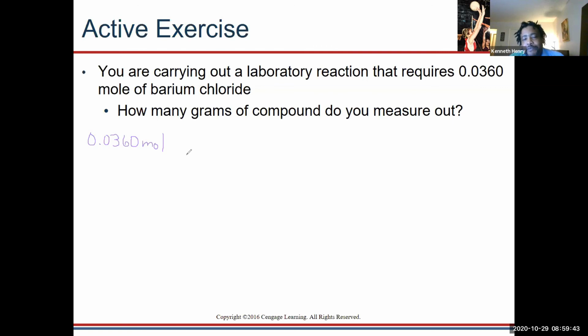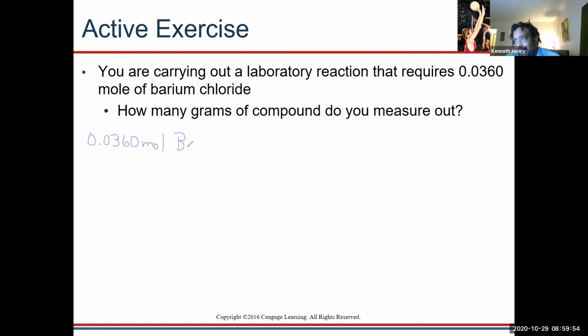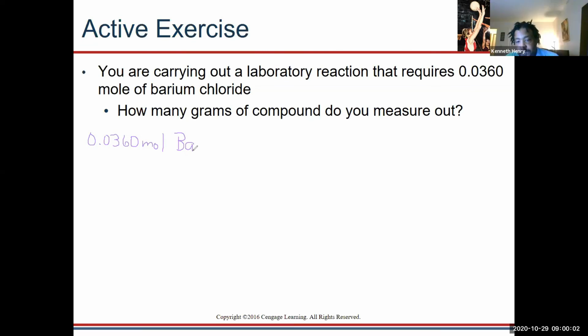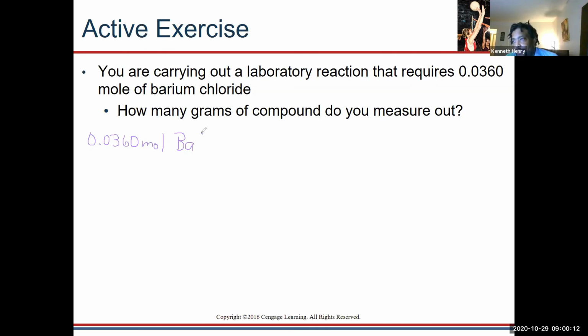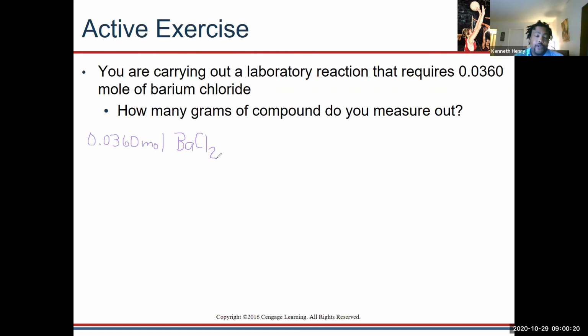Barium is Ba. And it's going to have what charge associated with it? A positive. Positive what, 1 or 2? 2. Then how many chlorines will I need to balance it out? 2. And chlorine is Cl. Okay, so that's the chemical formula for barium chloride, BaCl2.